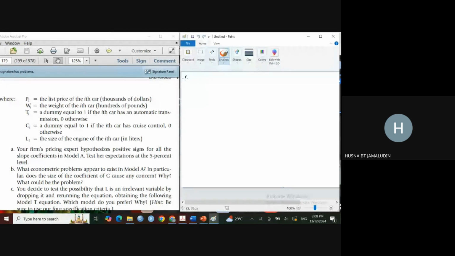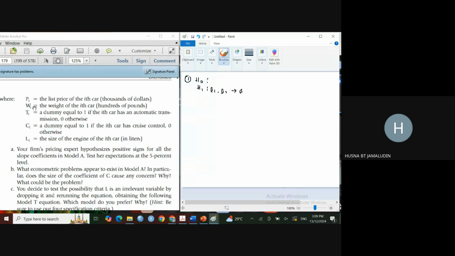So of course the first step is that you're going to have your H null and HA. Normally we start with the HA, the alternative. The expert hypothesized a positive sign for all the coefficients. So you test beta 1, and then you have another hypothesis for beta 2, until beta 4.